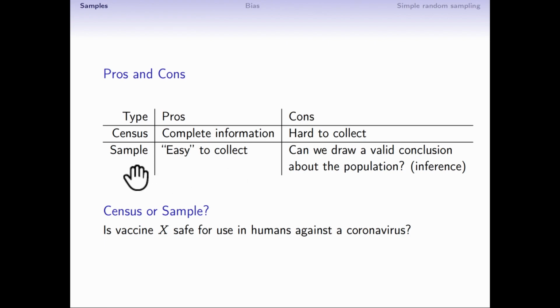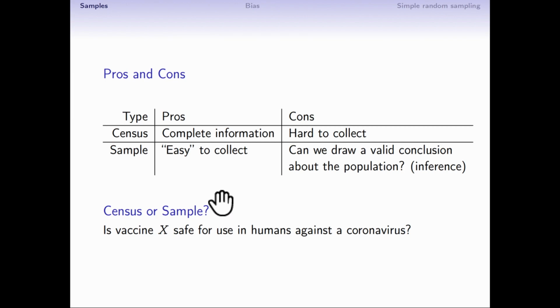Now, working with a sample, the main pro is that once you have the sample, it's much easier to query that set of individuals or objects and get the information that you want. Okay, now I put the word easy here because it's easy to collect the information, but there may be some good hard work in forming that sample, making sure that it's representative and making sure that it's large enough.